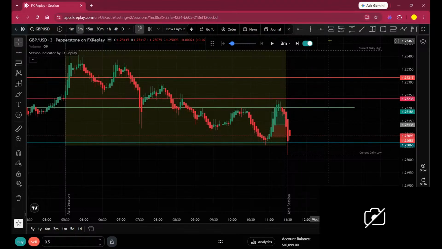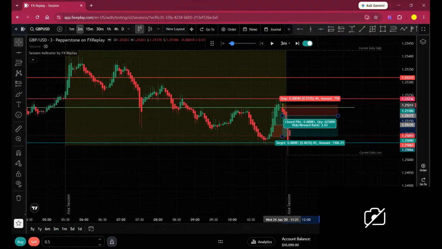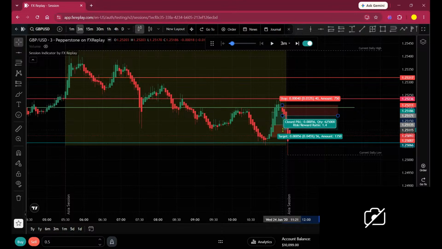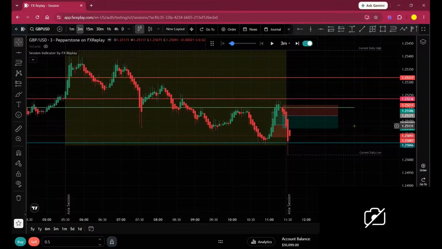You can take a trade here also, in the trend, like if you see this candle, right? If you take a trade from here, it can easily give you 1:2. This will be the low, right? So it will be an easy 1:2 target. But mainly I prefer to go with 1:1 first, and then I will trail my SL.